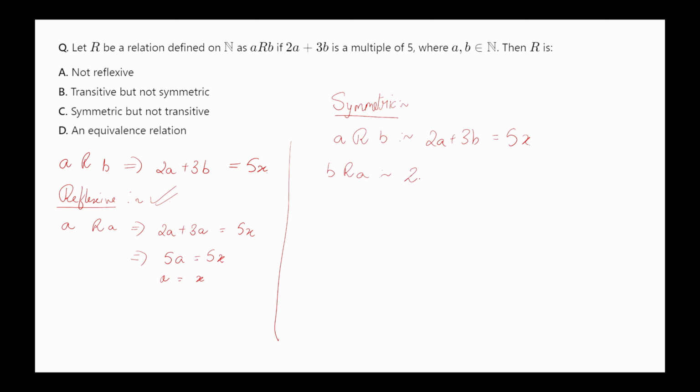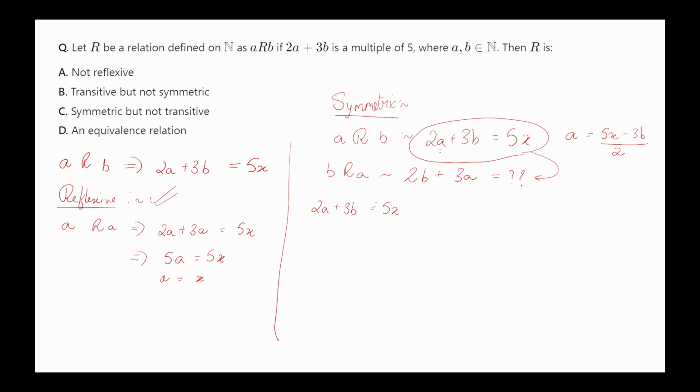So from here, if I was to convert it into this equation, and let's say I put the value of A from this equation into this equation, what would it become? I have A as (5x minus 3B) by 2.